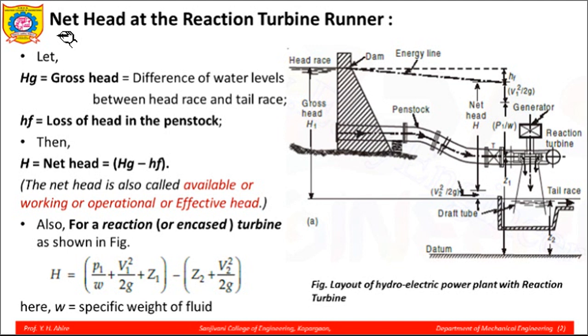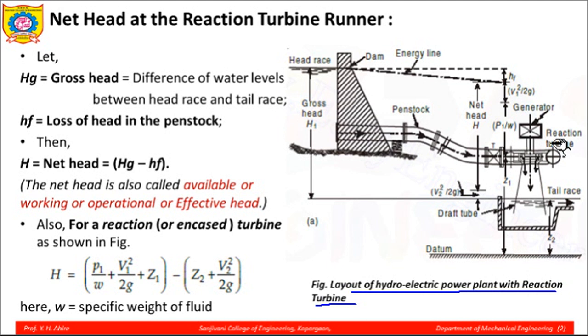Okay, so this is our slide number 1, which is the net head at the entry of a reaction turbine runner. So here you can see the general layout of a hydroelectric plant with reaction turbine installation.